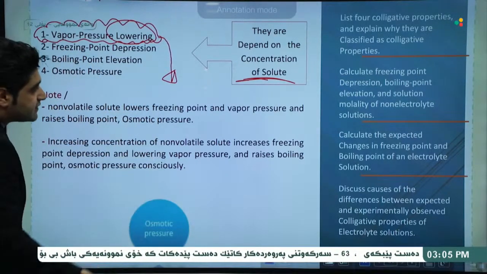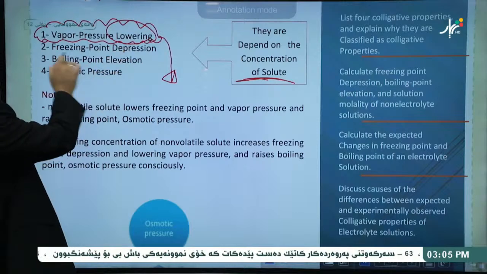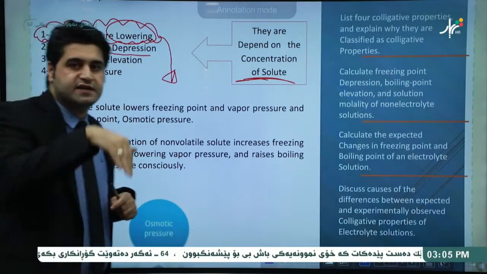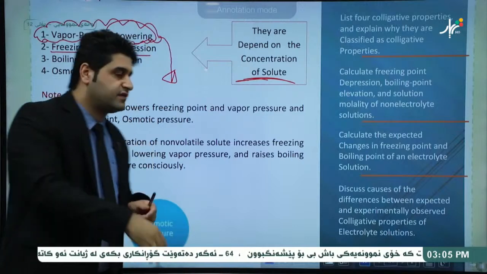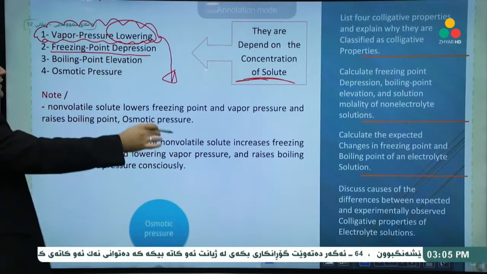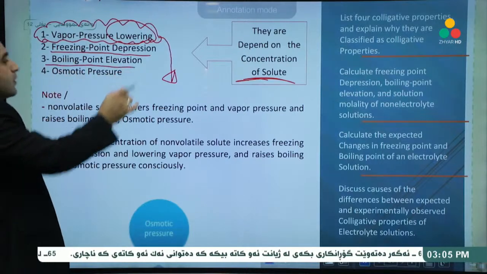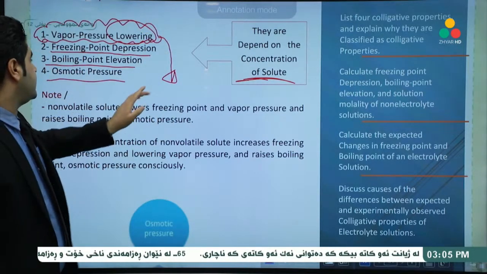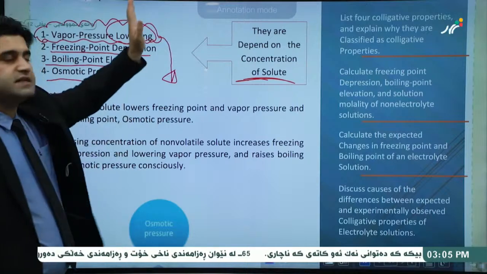If we increase the concentration of the solute, we will have more depression, more decrease in the freezing point. We will have more elevation of the boiling point, and more osmotic pressure.